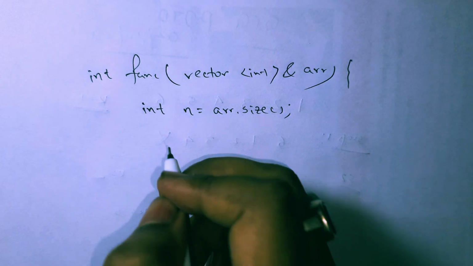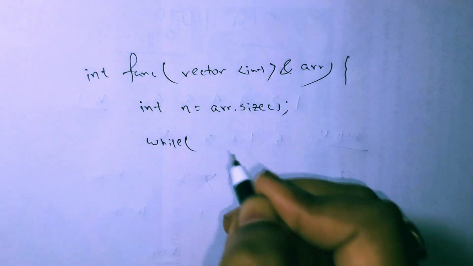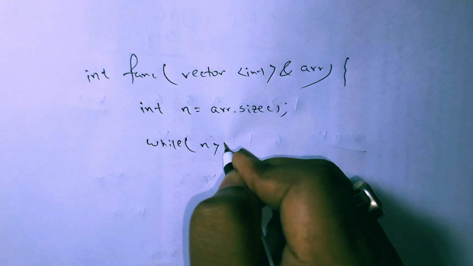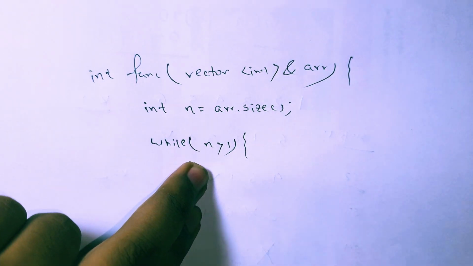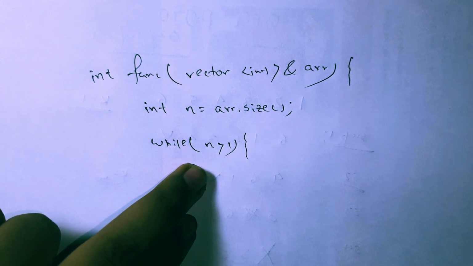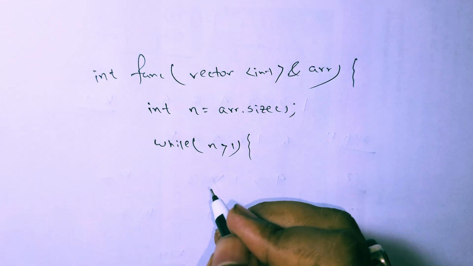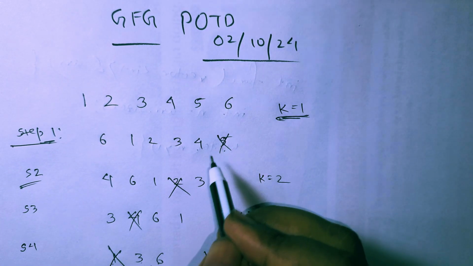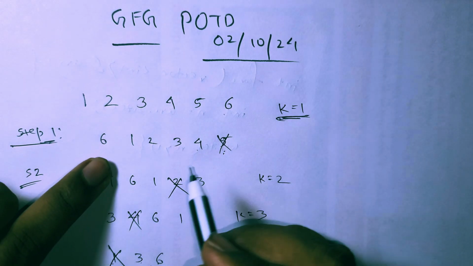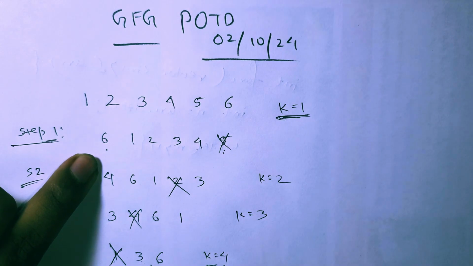Now I will run a loop till my array size is greater than 1. Till the array size is greater than 1, I will do some operations. First operation: I have to remove the last element and push it into the front of my array.